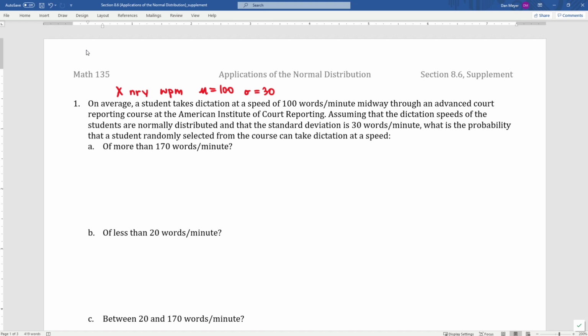And in part A, we're trying to find the probability that a student's dictation speed is more than 170.